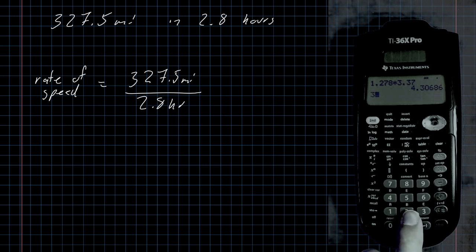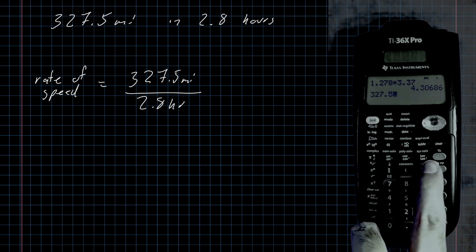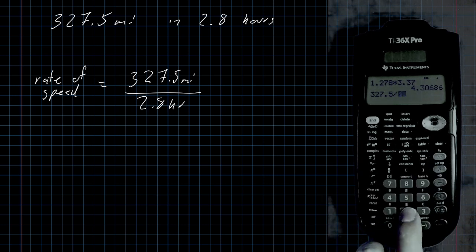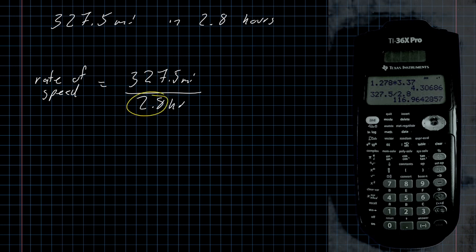So 327.5 divided by 2.8. And when I do that calculation, I get this value, 116.964, etc., etc. My weakest accuracy was my time, 2.8 hours, had 2 significant digits.